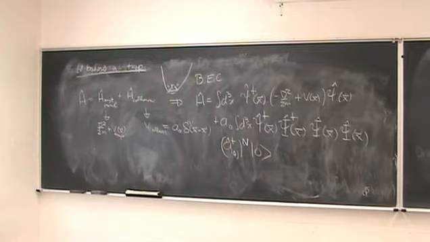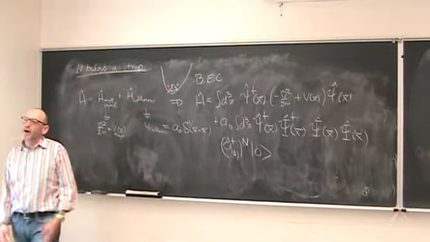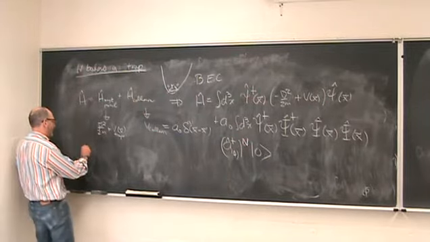If there were no interactions, you know what that orbital is. It would be this orbital. But now, due to the interactions, they're going to be in some slightly different orbital. And when you minimize that equation, you get the following.